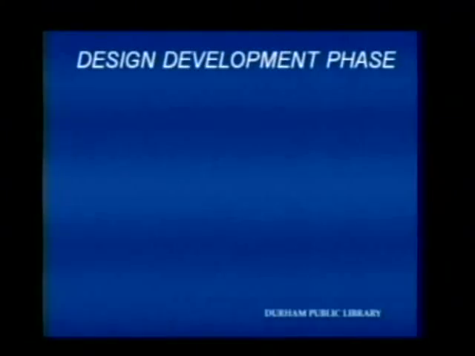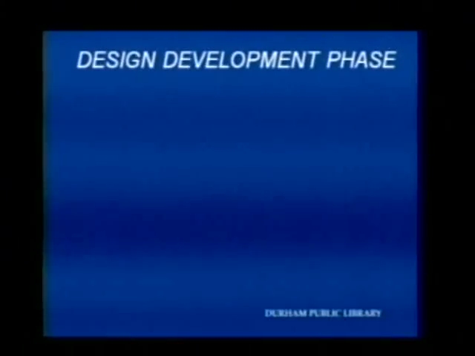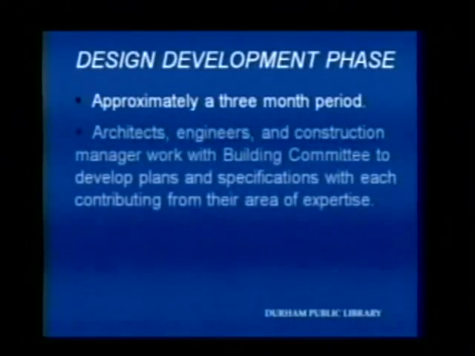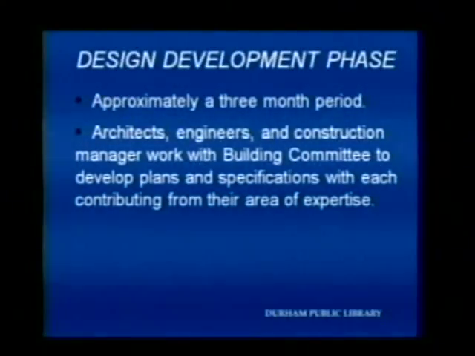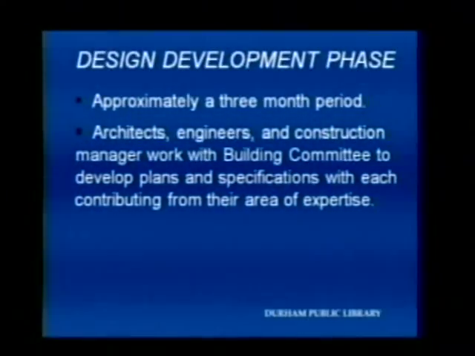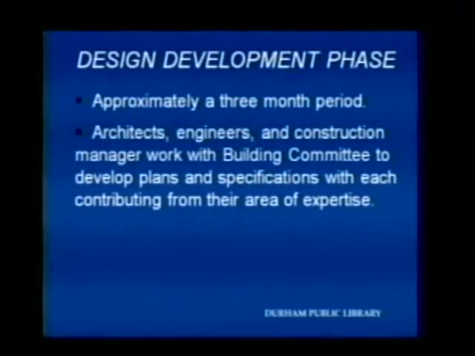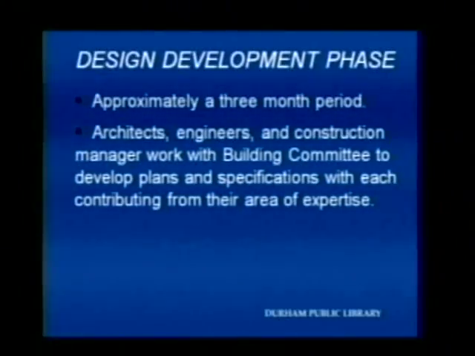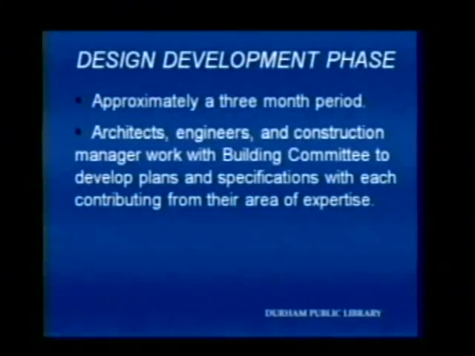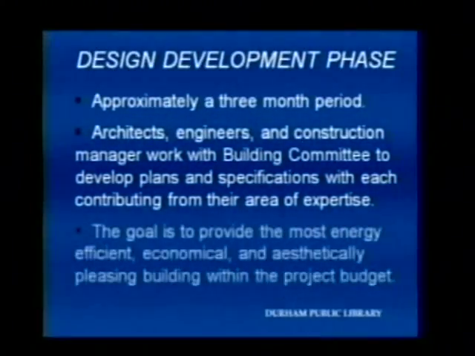So what we're hoping to begin after March is what we call the design development phase. This usually goes 2 to 3 months, and at that point, the architects, their engineering consultants, the building committee, and ourselves work together to try to develop a complete set of plans and specifications, and everyone is contributing their area of expertise in this collaboration.